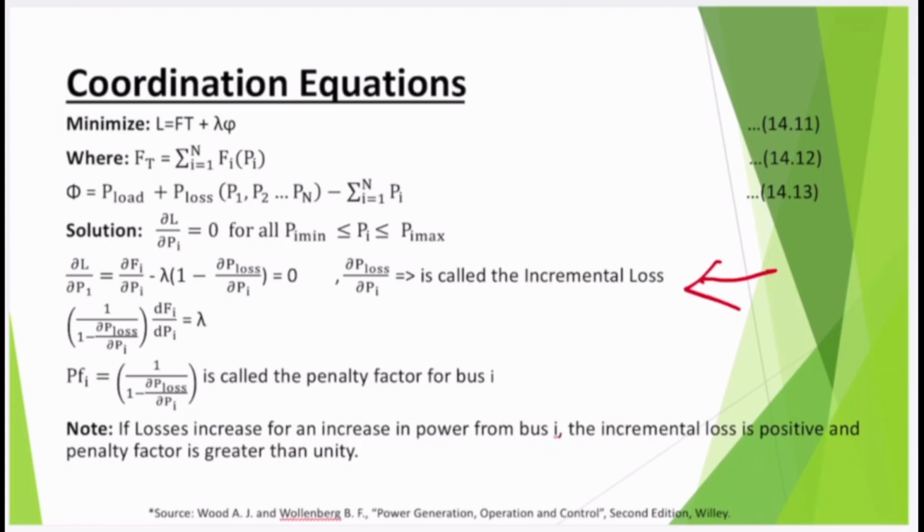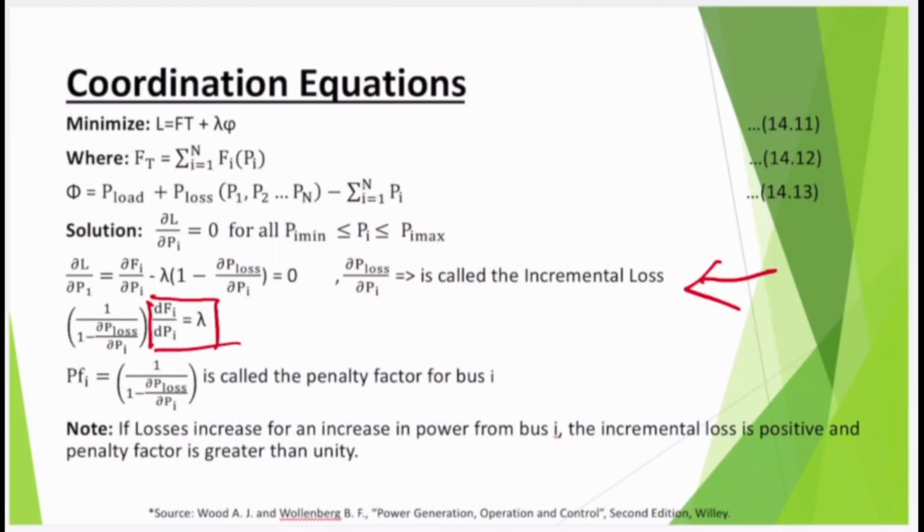And if you further simplify, you get 1 upon (1 minus dou P loss upon dou Pi) multiplied by df upon dp equal to lambda. Previously, in my expressions without losses, I had only this portion. That equation is without losses. Now when you incorporate losses into the system, the equation will look like 1 upon (1 minus dou P loss upon dou Pi) times df upon dp equal to lambda.